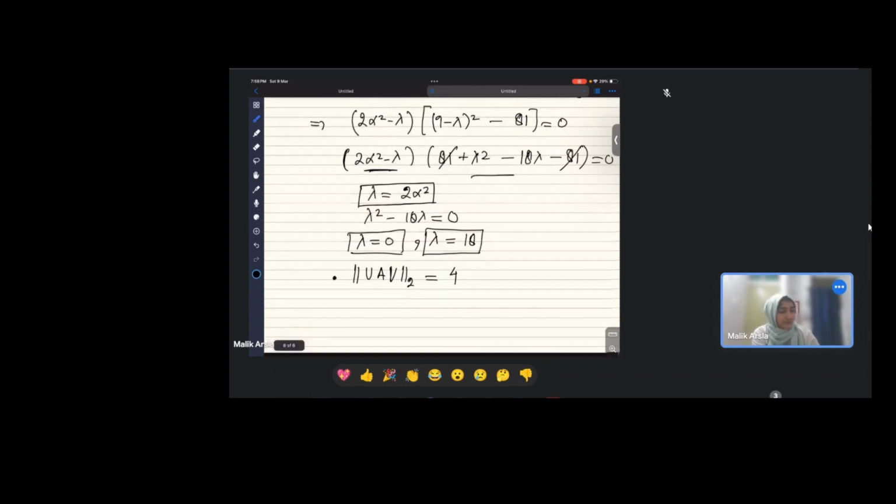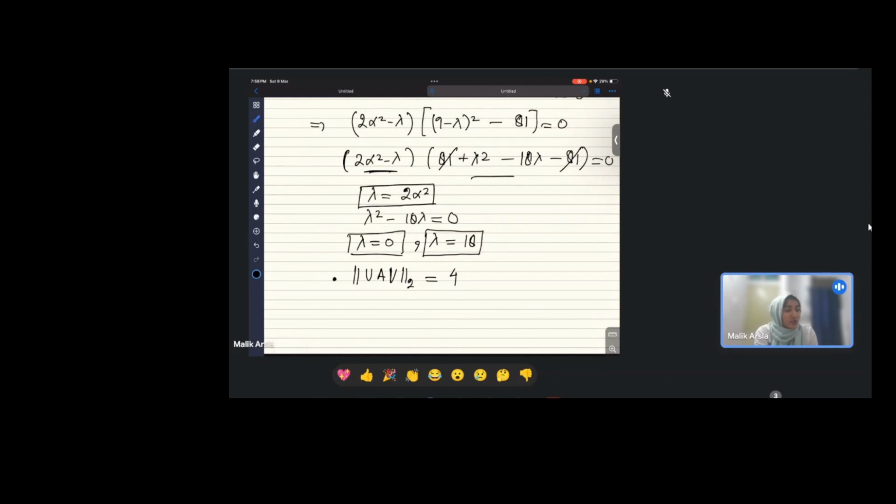Okay, madam. Now see, here it is shown that the 2 norm of UAV is 4. So that 4 is the square root of the maximum eigenvalue, correct? So from here we can deduce that lambda max is equal to 4 square, which is 16.